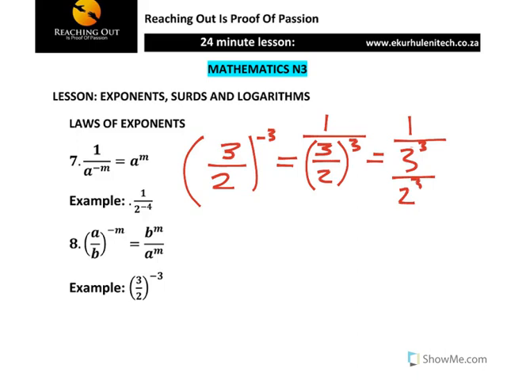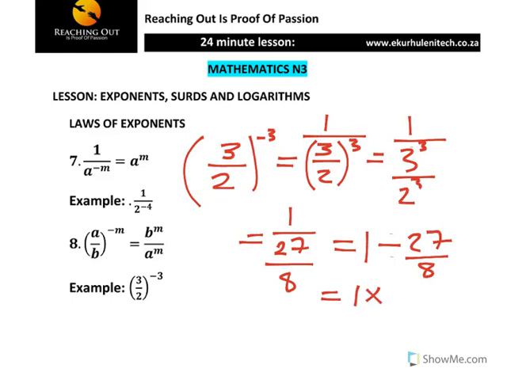Now, what is 3 to the power 3? 27. 2 to the power 3 is 8. So 1 divided by 27 over 8 is equal to 1 times 8 over 27, and the answer is 8 over 27. Do you see that is a long route to get that?